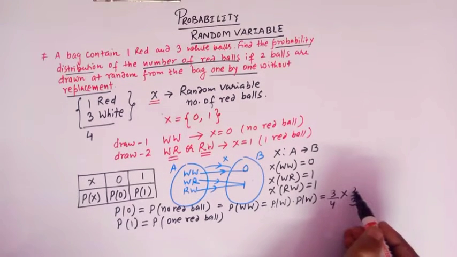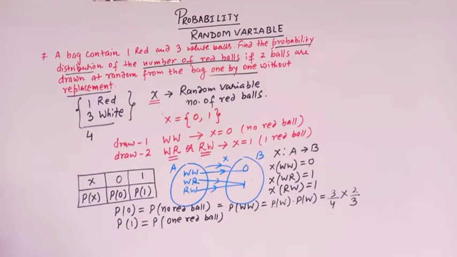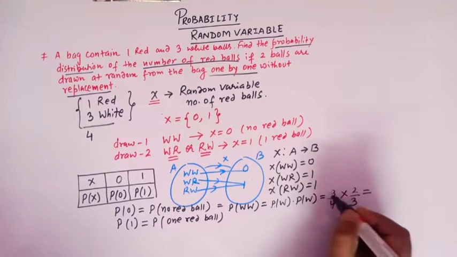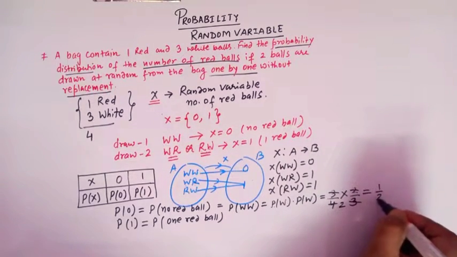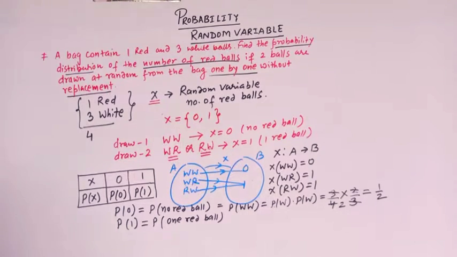Because here the number of white balls is reduced by 1 and the total number of balls is also reduced by 1. So now 3 and 3 get cancelled and we have 1/2, right?